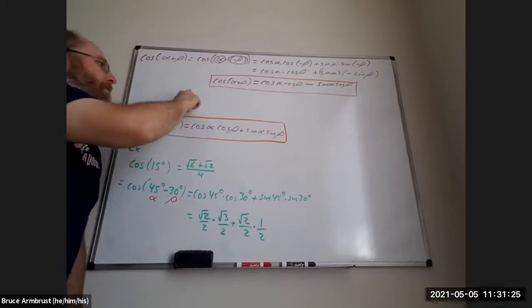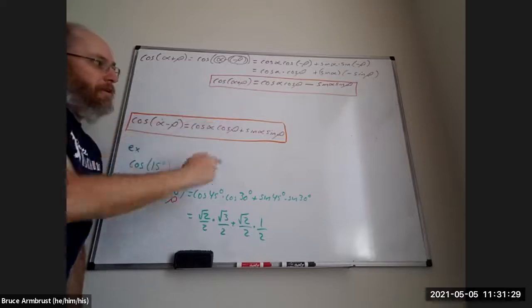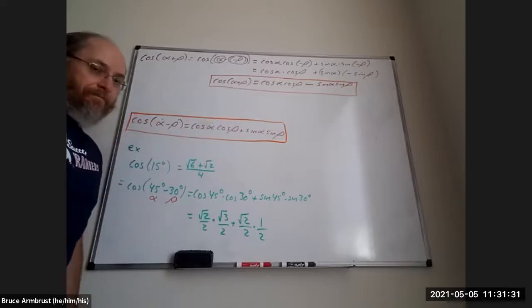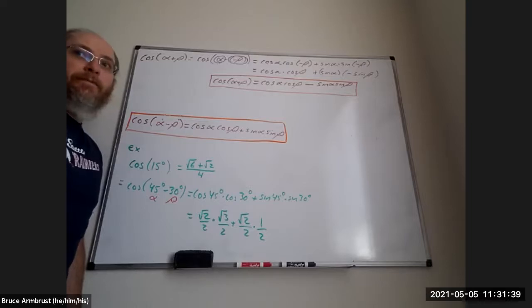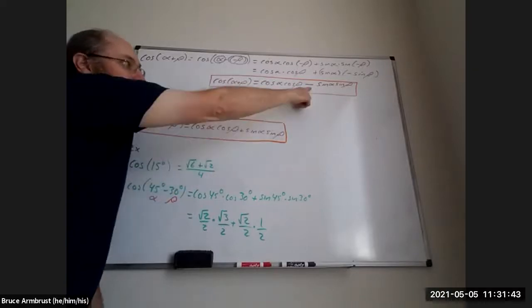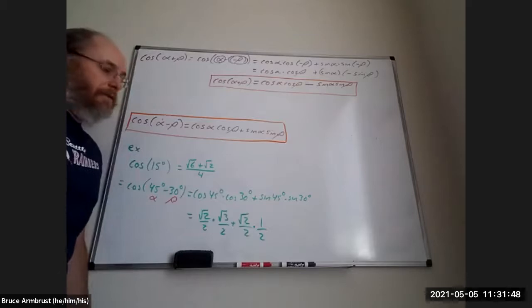Okay, but check these out. If you compare these two, notice that they're almost identical. What's the only difference? The top one has a negative sign. This one's a positive, that one's a negative. So we're adding in one case and we're subtracting in the other case.